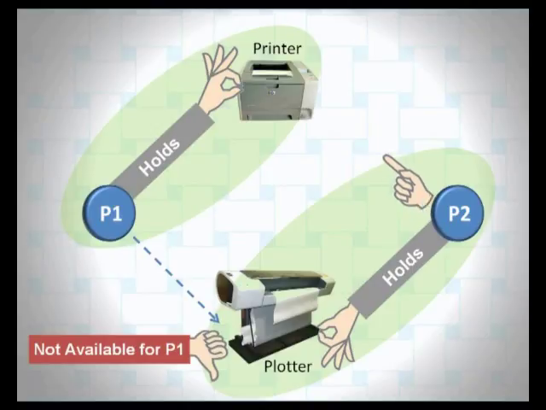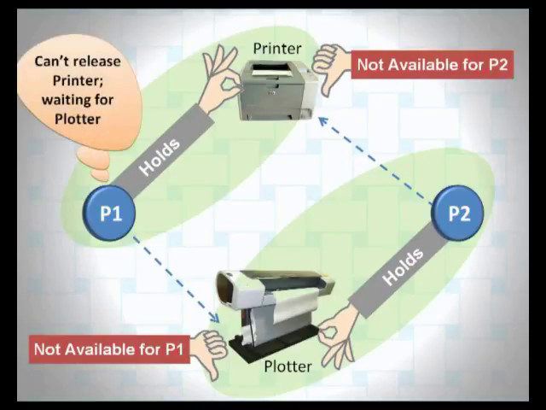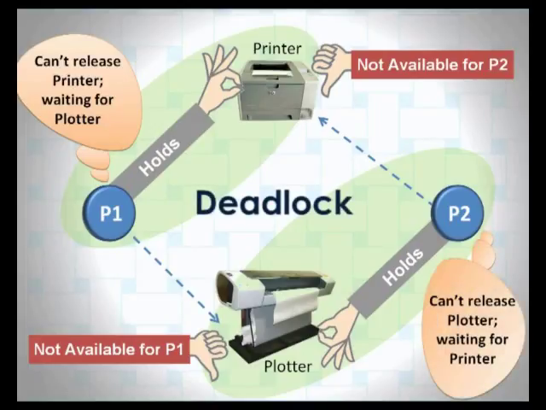While holding the plotter, process P2 requests the printer held by P1, but P1 has not completed the task with the printer and is also waiting for the plotter held by P2, and hence is not able to release the printer. Now we say that the processes P1 and P2 are in a state of deadlock, in which neither of them is able to complete their tasks with the resources held by them.